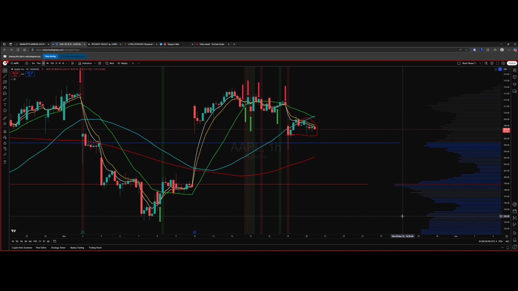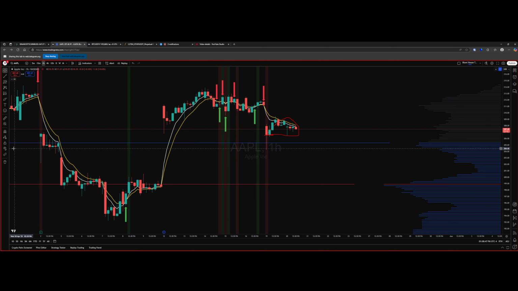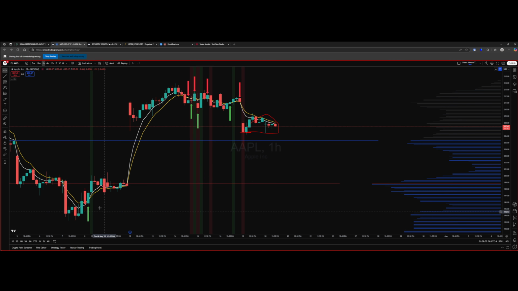And I think the combination of the volume profile, obviously with some major moving averages that you can flip on and off as needed, is powerful.